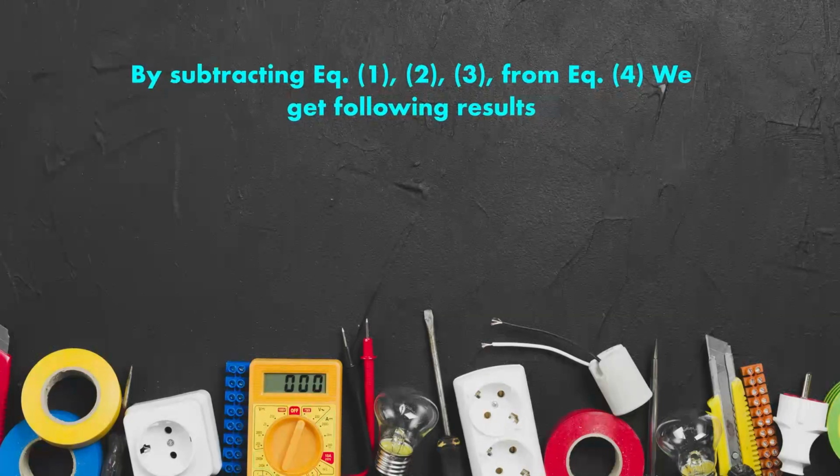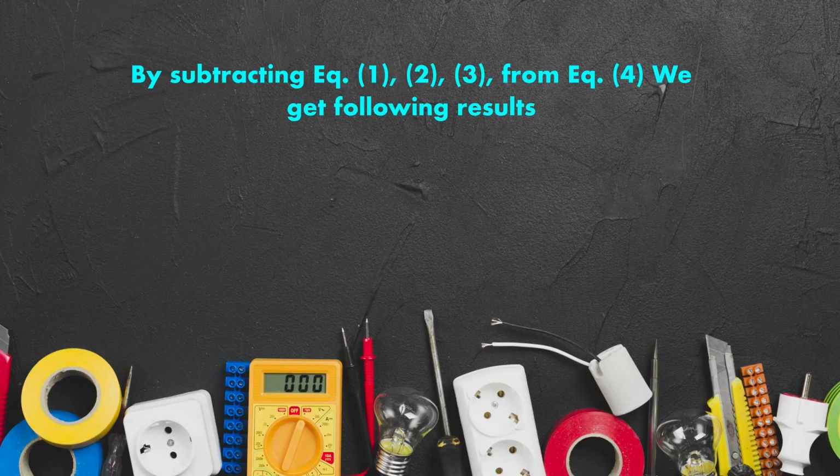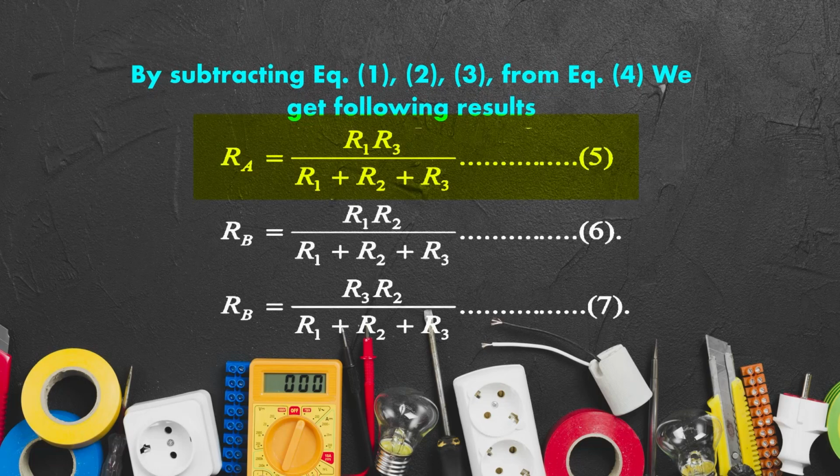So by subtracting equation number 1, 2 and 3 from equation 4, we get the following results. So RA is equal to what? R1 into R3 upon R1 plus R2 plus R3. This can be written as equation number 5. Similarly, RB can be written as R1 into R2 upon R1 plus R2 plus R3.